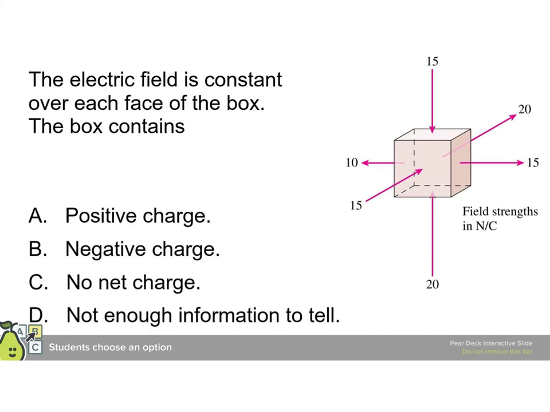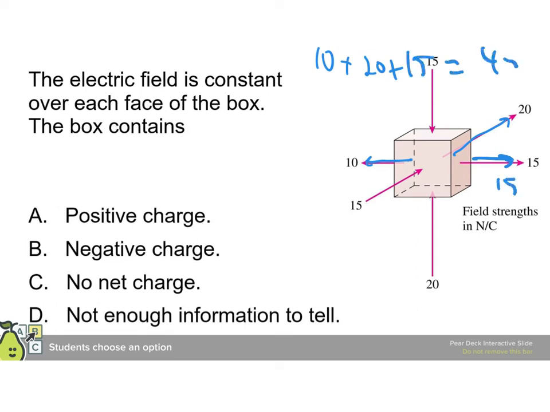All right, so here we're given that the electric field is constant over each face of the box. Does the box contain positive charge, negative charge, no net charge, or not enough information to tell? Well, we can see that exiting the box, we have 10 plus another 20 plus another 15.